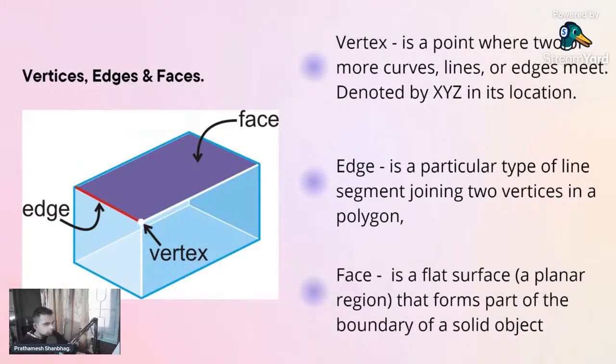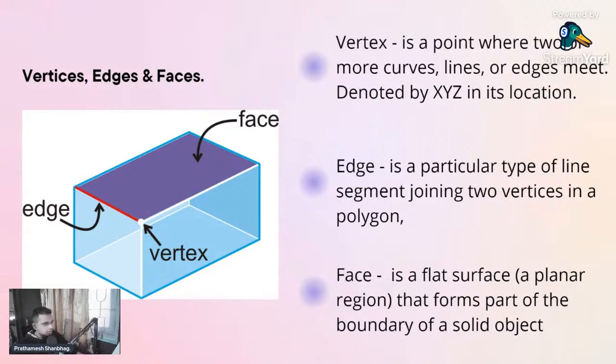This is something I explained with the box as well: the vertex, edge and face. If you are familiar with this concept, it's really great. There is something that we call an edit mode in Blender. When you go into that, you can actually select the vertex, edge and face of an object to manipulate it, basically. And these are all the definitions. If you just read through it, it is pretty much self explanatory.